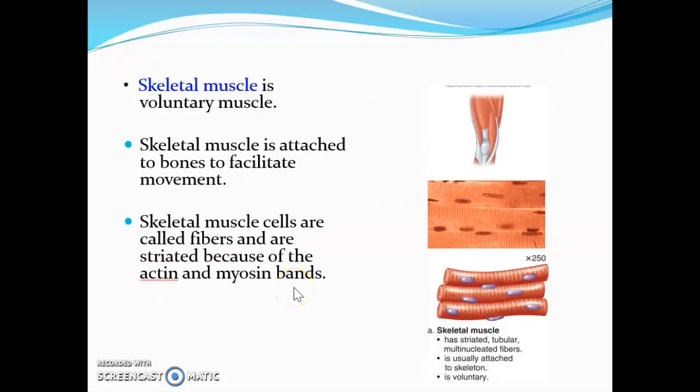Skeletal muscle tissue is the type of muscle tissue that is attached to the bone. Skeletal muscle tissue facilitates movement, and together with bones, enables humans to move and enables other physical activity to be carried out.